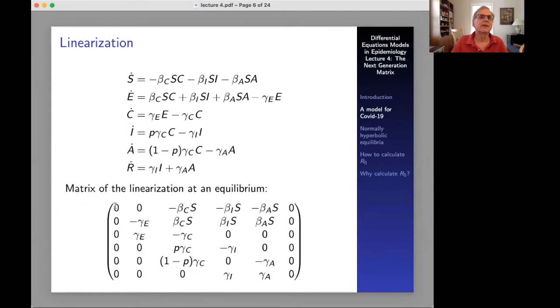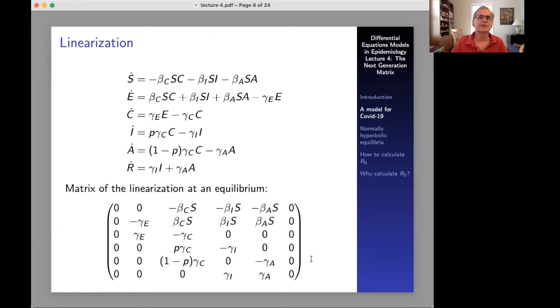For example, the first term here in the linearization matrix is the partial of S dot with respect to S. The partial of S dot with respect to S is minus beta C, C, minus beta I, minus beta A. But we want to linearize at an equilibrium. At an equilibrium, C, I, and A are all 0. So at an equilibrium, the partial of S dot with respect to S is 0.